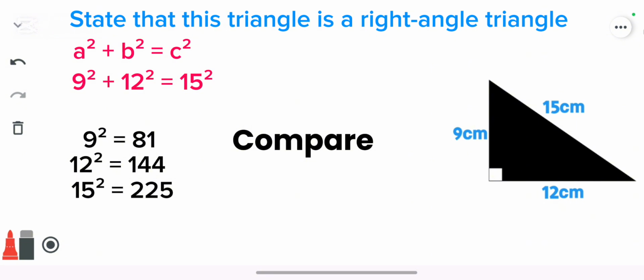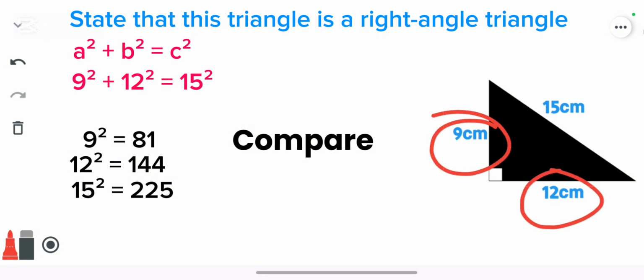Now we will have to make sure that the sum of the squares of the two sides, which is the sides here, 9 centimeter and 12 centimeter, the sum of these two squared should be equal to the square of the hypotenuse. If that doesn't satisfy, then this triangle here is not a right angle triangle.